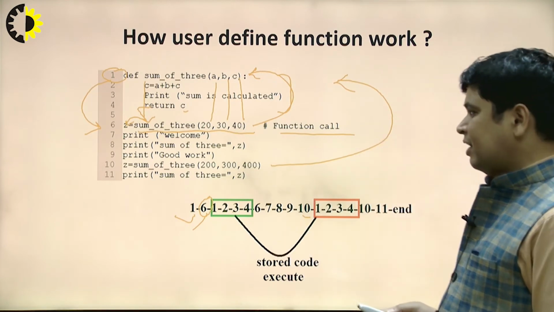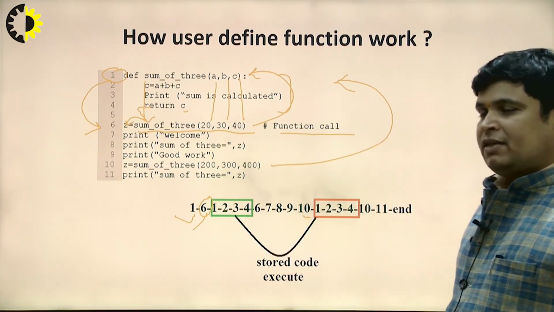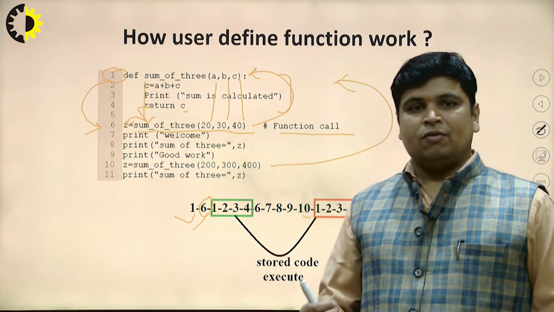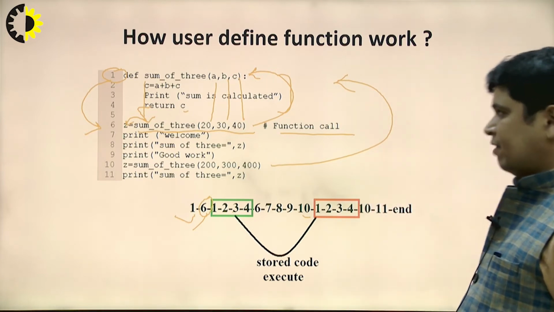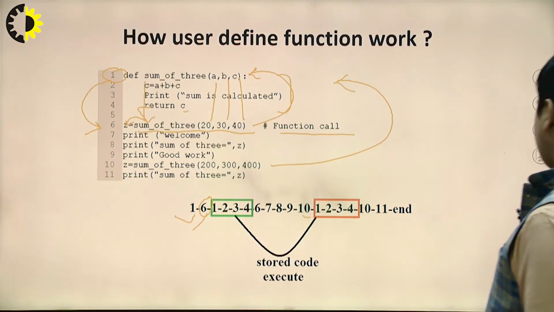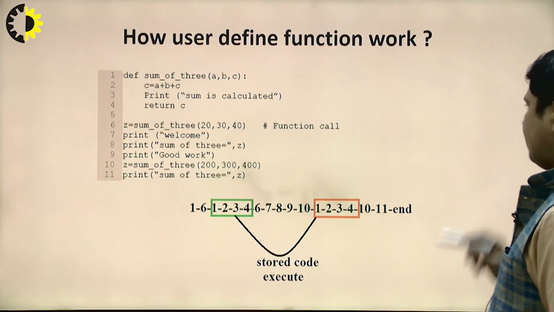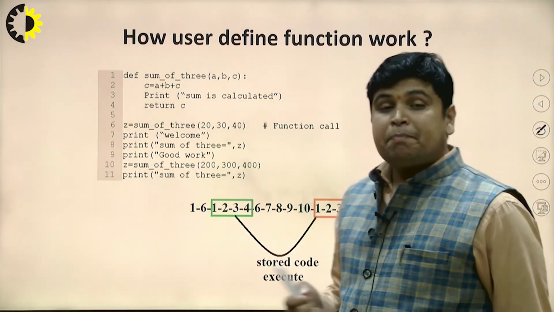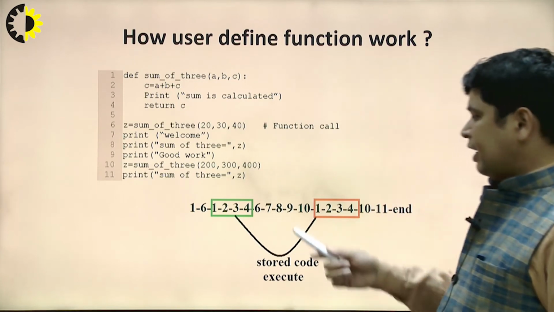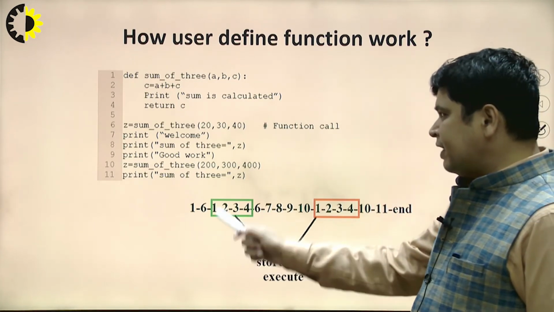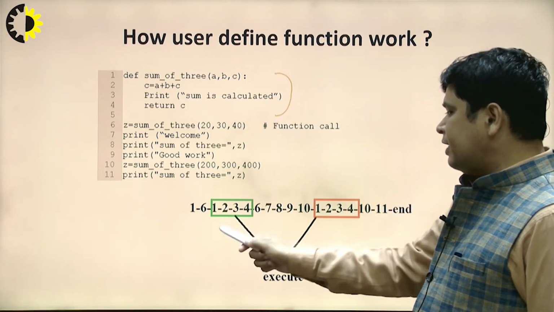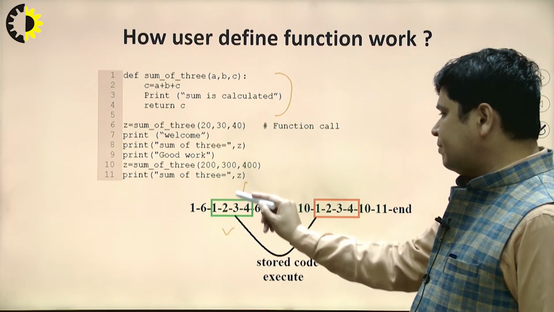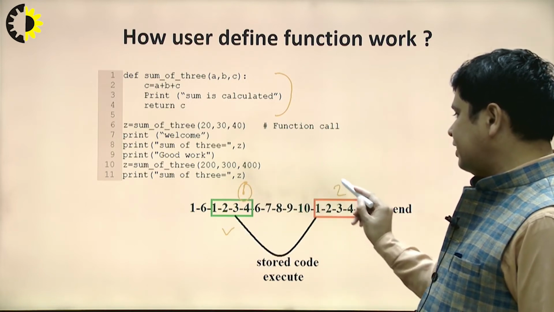I have already told you that with the help of a function we can achieve code reusability. You will see here we have defined one function, and I have used this predefined stored code 2 times. This is the first time and this is the second time.